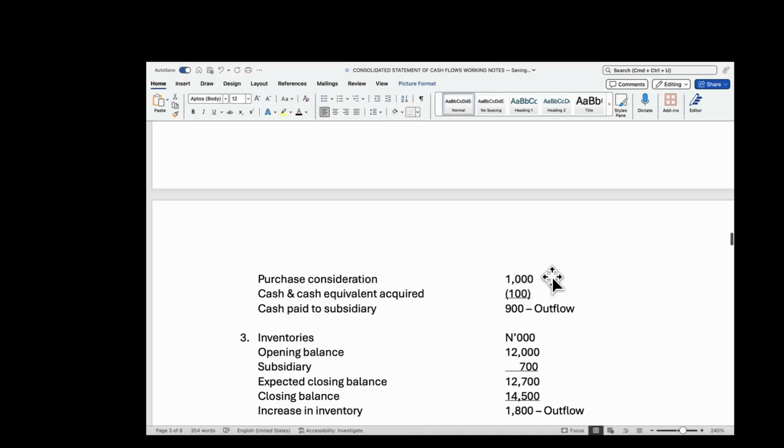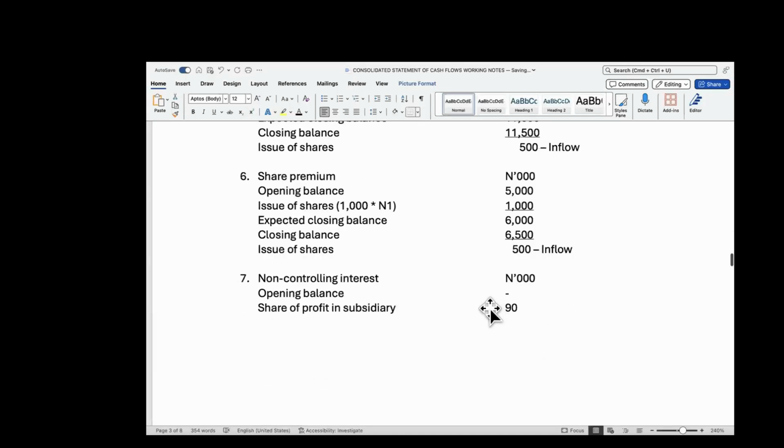So my expected closing should be 90. But what's my closing balance? My closing balance is 310. So NCI increased.